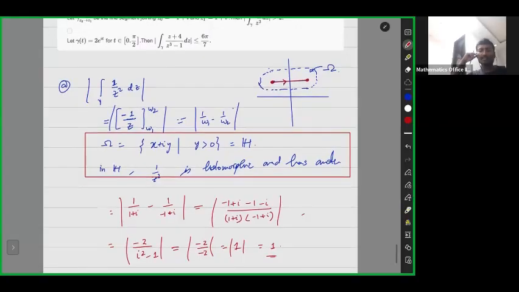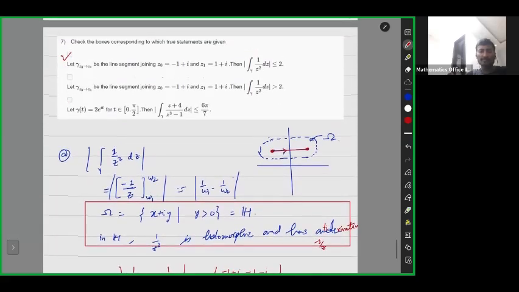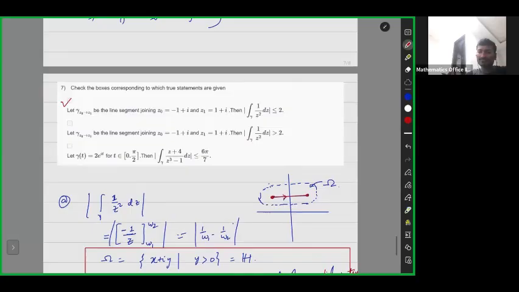Do you see any mistake or any doubt? Okay, so now that you understand this, we can go to the next question, which is about, again, the same gamma.